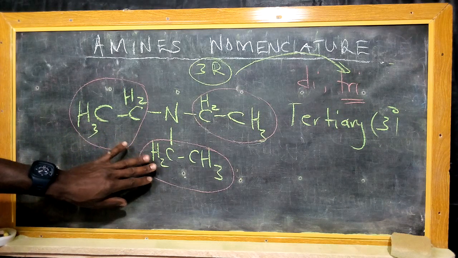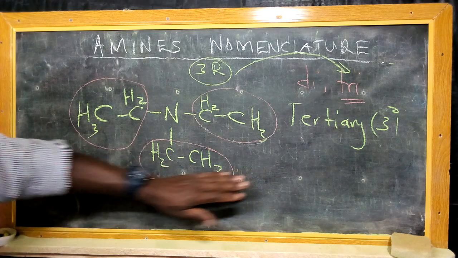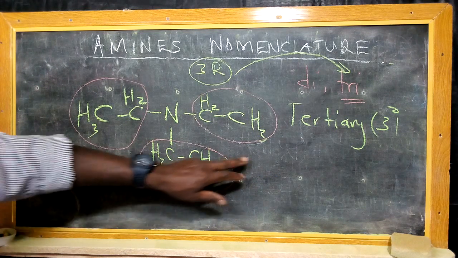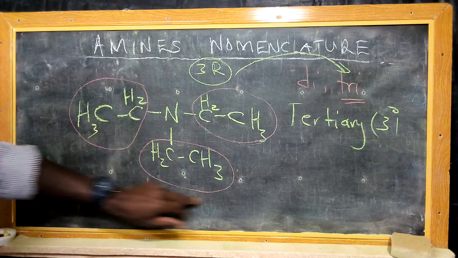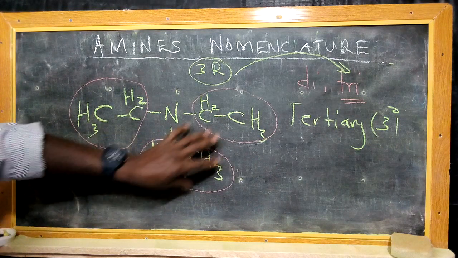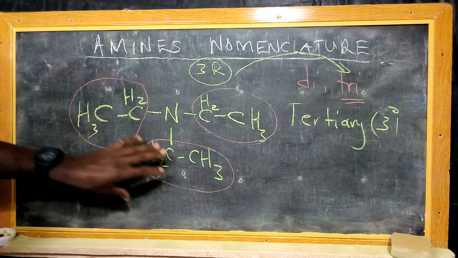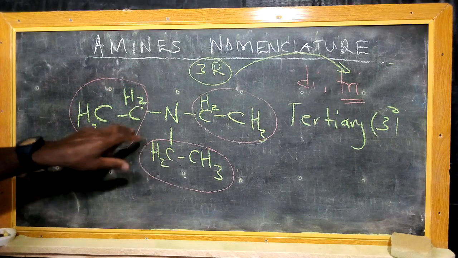Suppose we had maybe a propyl group at this point, then the parent name will be derived from the substitution that has the largest number of carbons of the radical groups attached to the nitrogen.